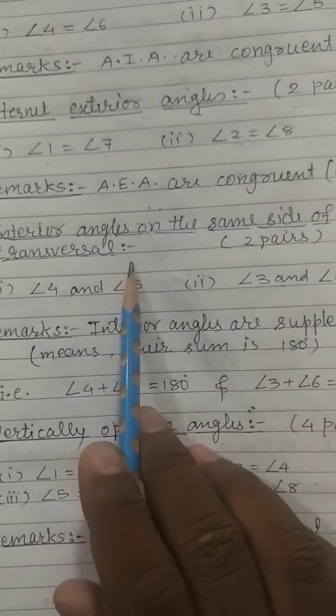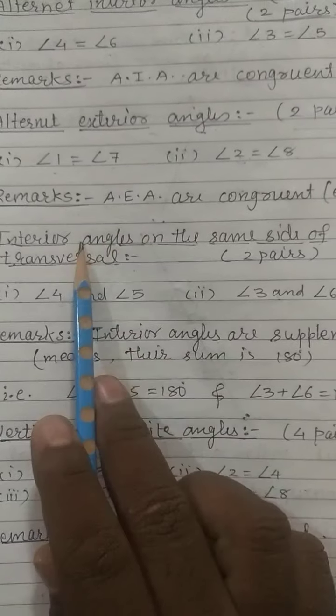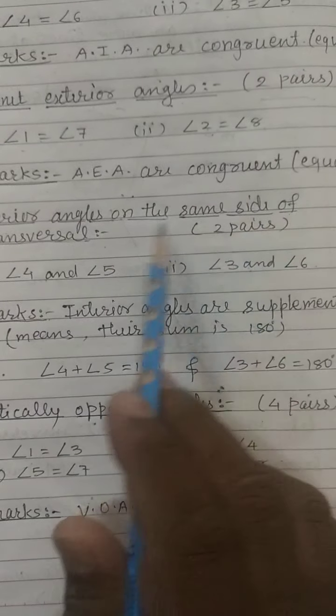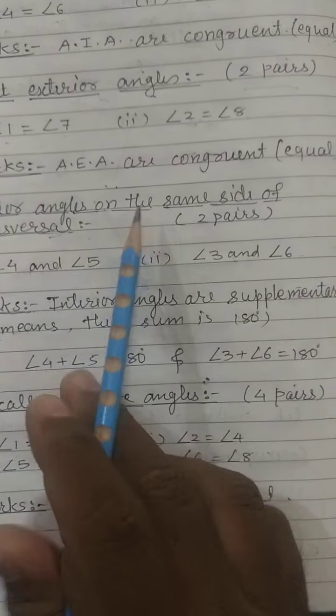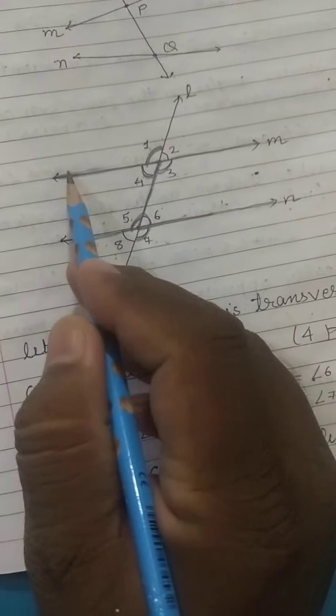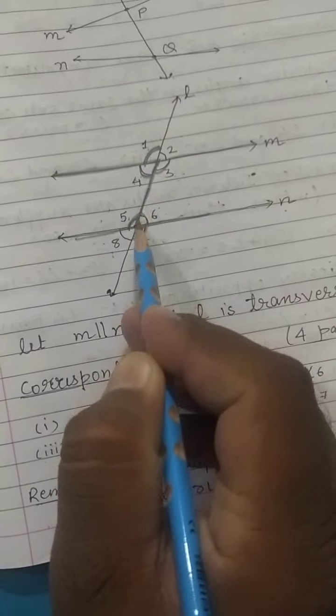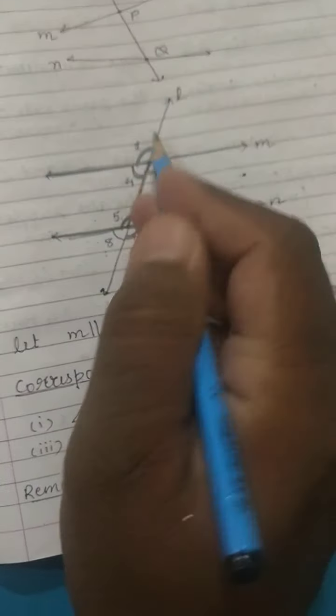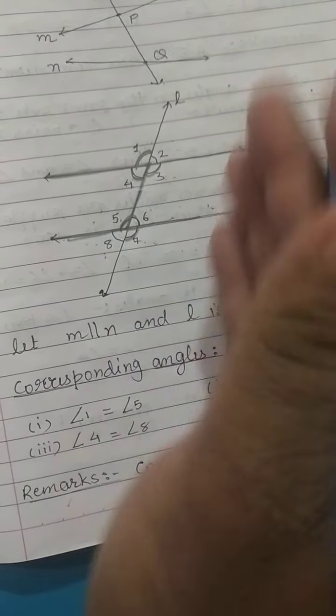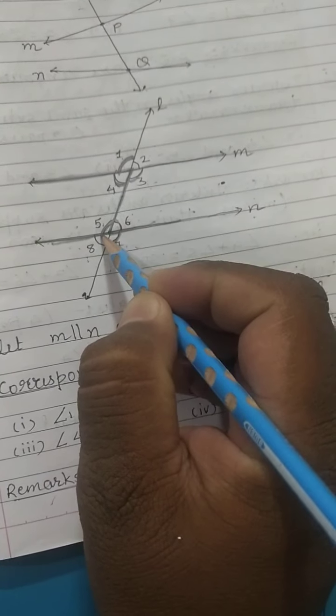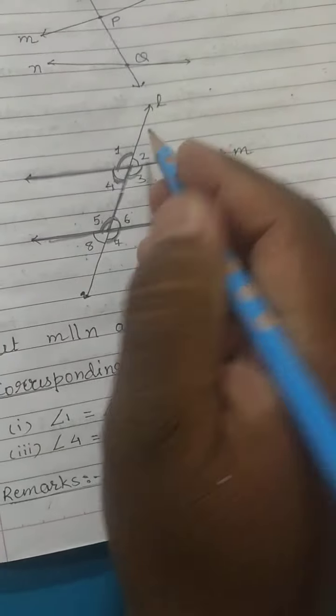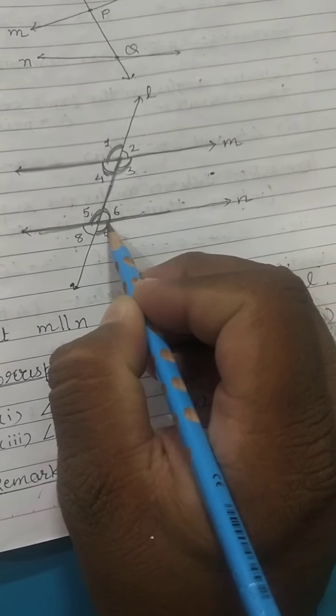Next, interior angles on the same side of transversal. You can check here. C is obtained. See, interior angles on the same side. Same side means either on this side, interior, or this side, interior. Right?